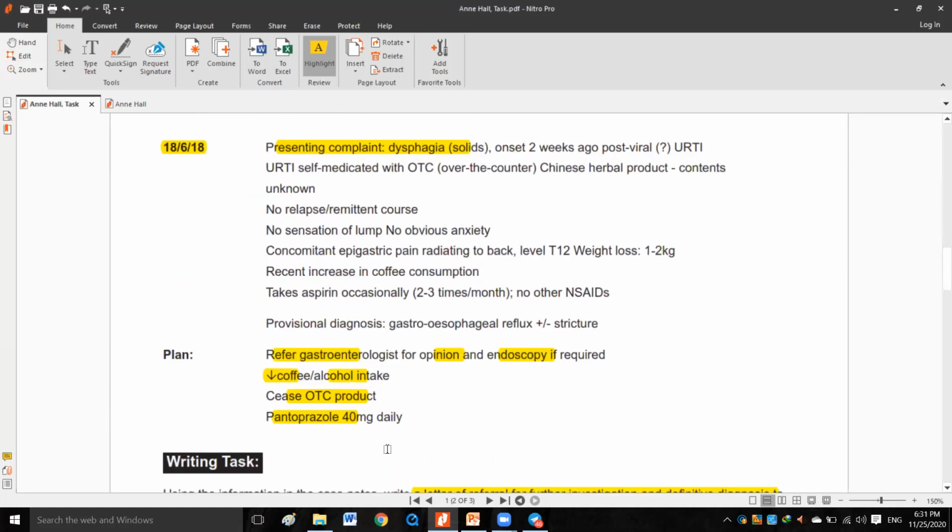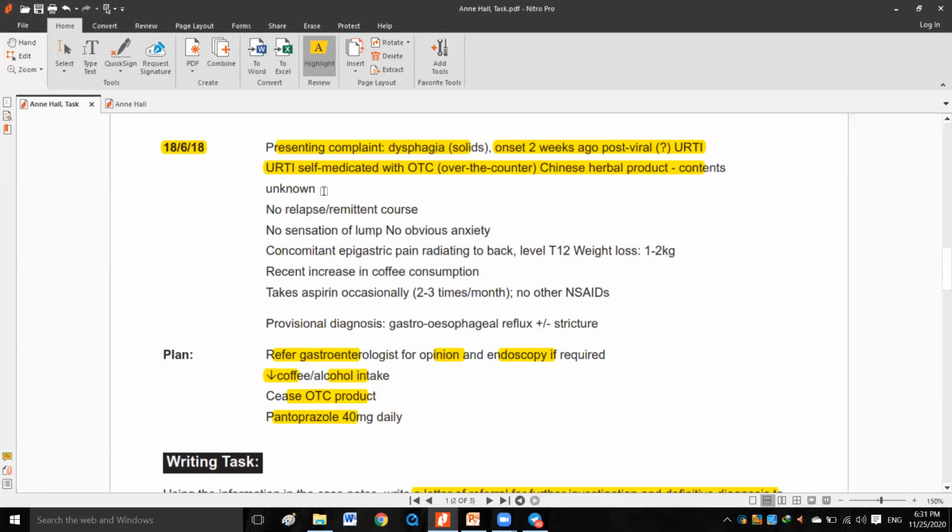After that, the present, the last visit. Presenting complaint: dysphagia for solids, onset 2 weeks, post-viral upper respiratory tract infection, all relevant. Self-medicated over-the-counter, relevant.